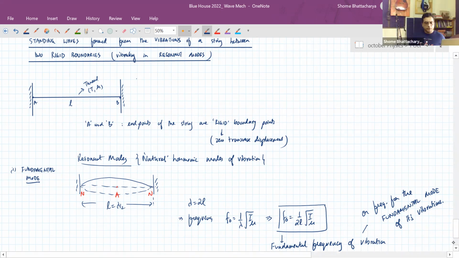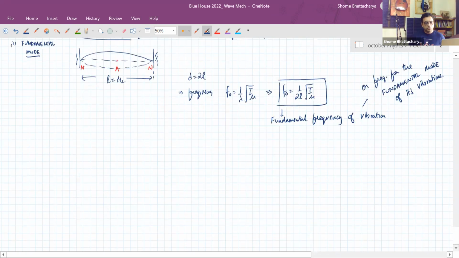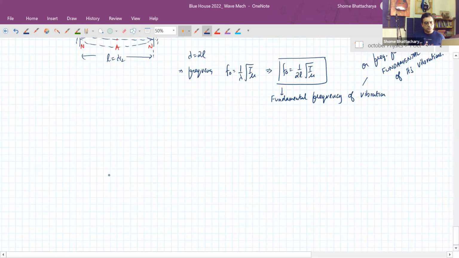Okay. Now, likewise, this can also vibrate in a mode where this is what happens, that this is called the first overtone mode.